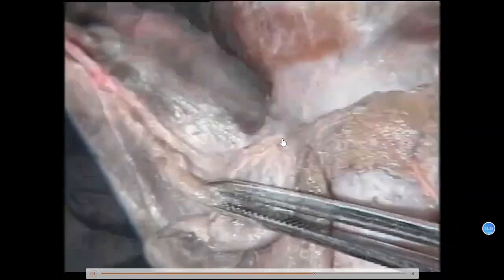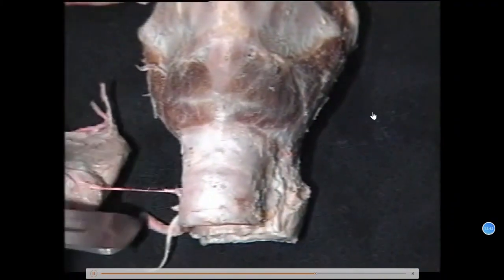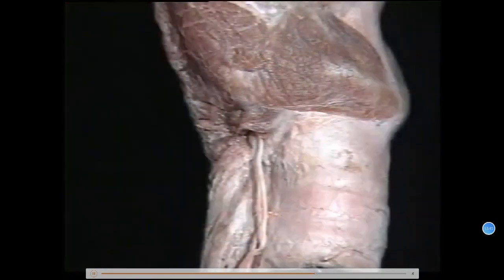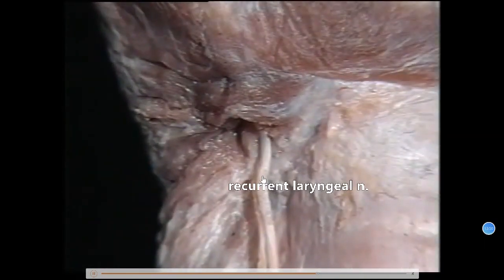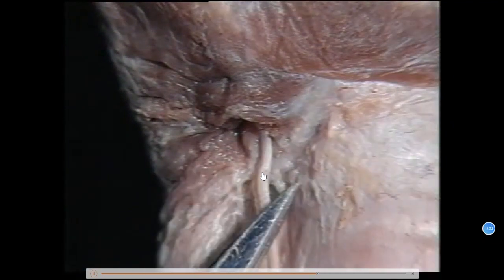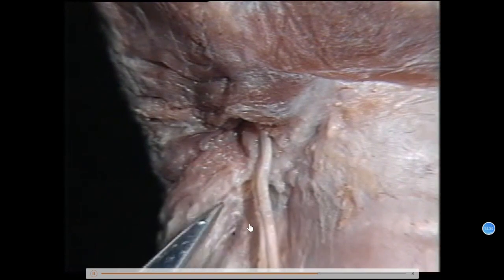Now remove the thyroid gland. Here is a suspensory ligament of the thyroid gland. Recurrent laryngeal nerve is between the trachea and esophagus. Here is a sulcus.